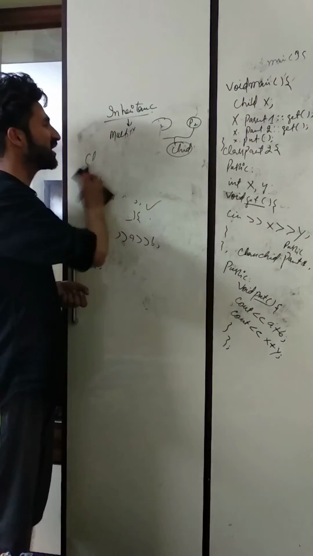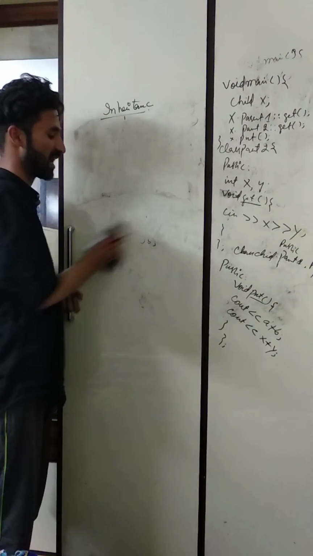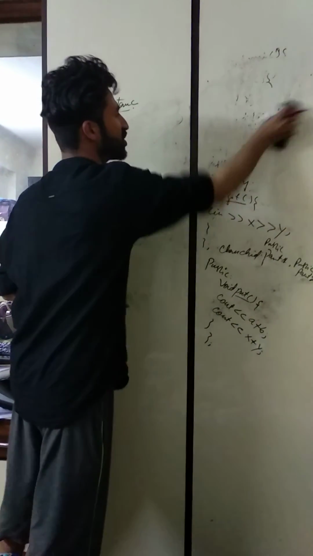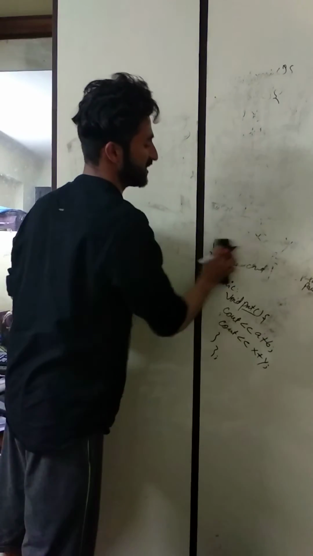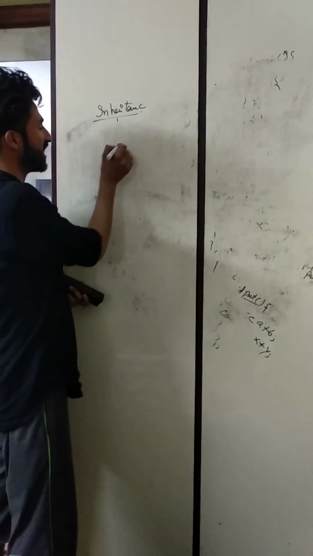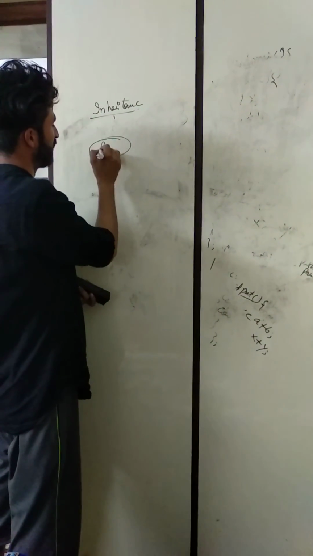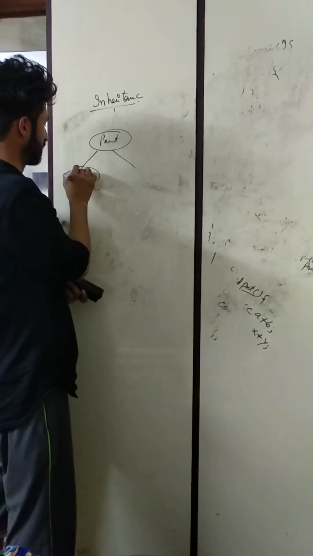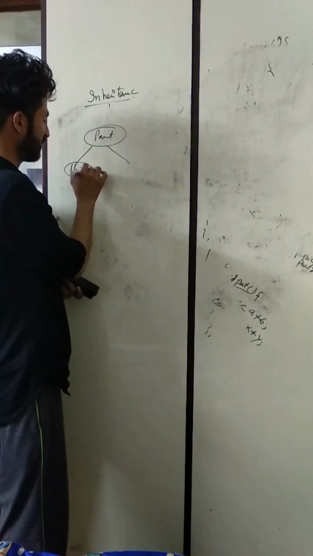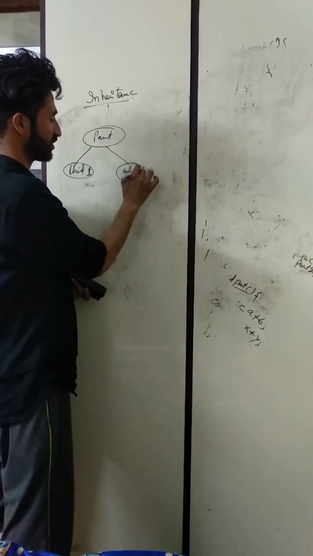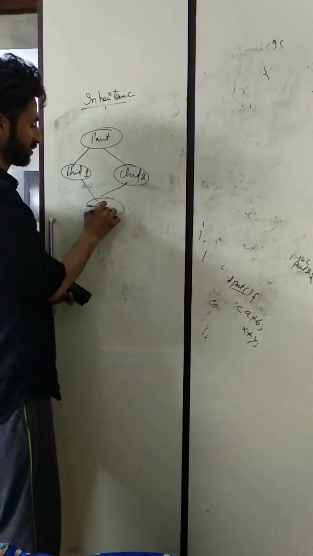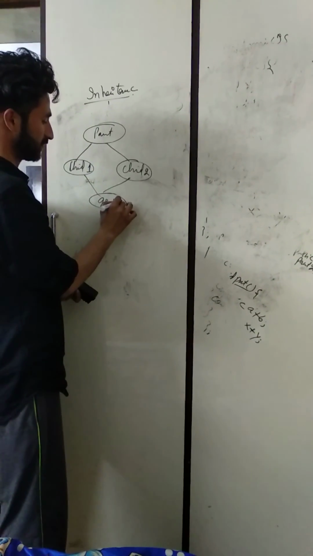There is one more type of inheritance that is called hybrid inheritance. Basically, it is the combination of hierarchical and multiple inheritance. Suppose we have the inheritance of the type parent that has two classes, child 1 and child 2, and that leads to grandchild.